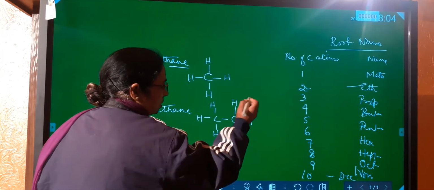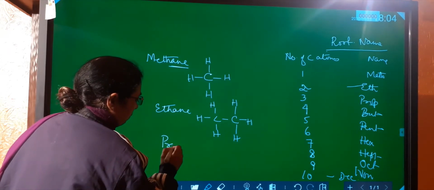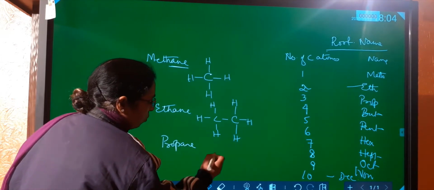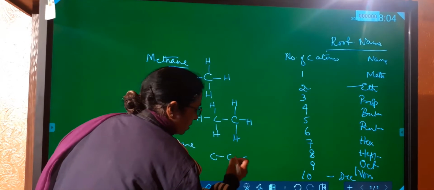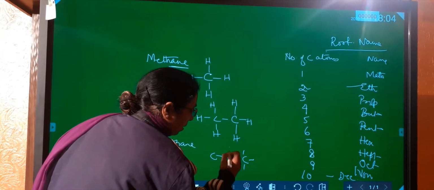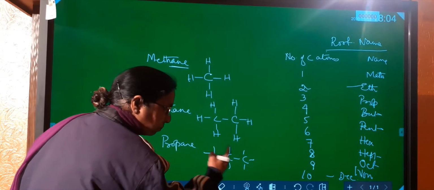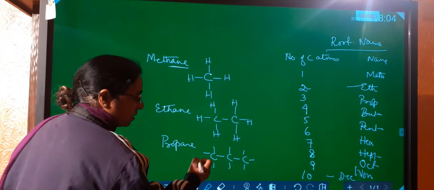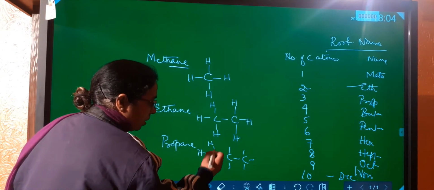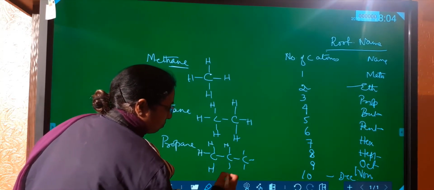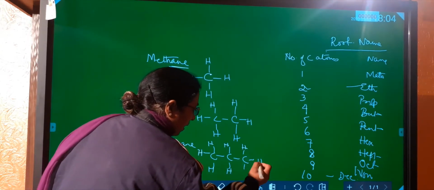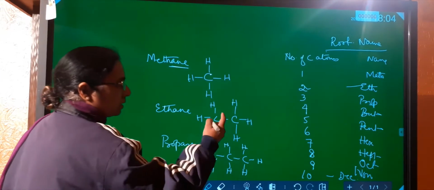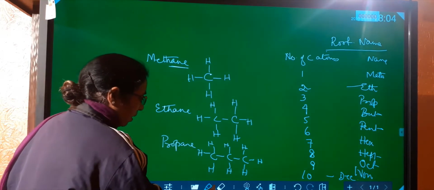So this is ethane. Similarly, if I have to write propane, the root is 3 carbon, and filling up the tetravalency of carbon, this is C3H8, and we can draw like this for all the numbers of carbons.